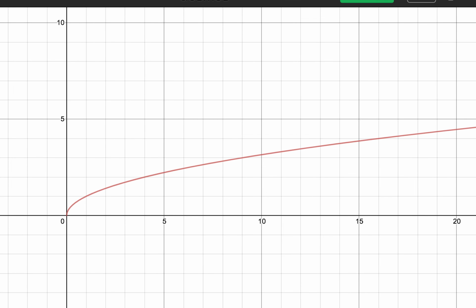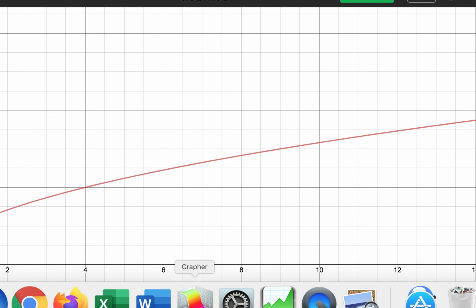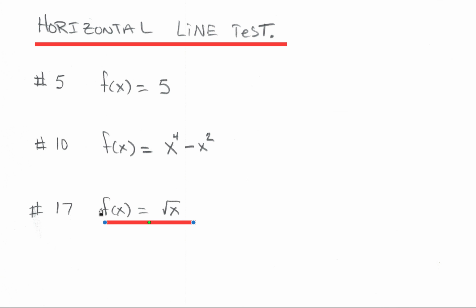For example, y equals 2 is a horizontal line, and y equals 2 would cross it one time, but not a second time. So that means that f of x equals root of x passes the horizontal line test and therefore is a one-to-one function.